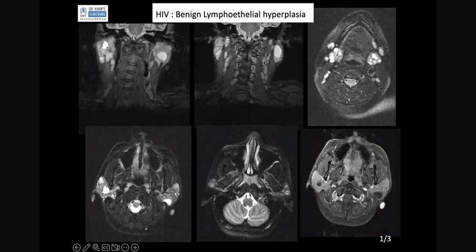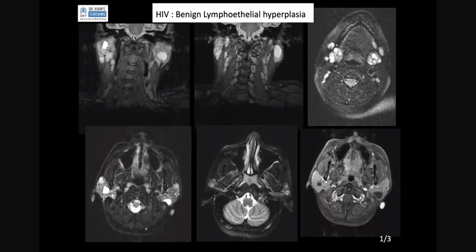With that, you will see a lot of neck nodes. You will see adenoid hyperplasia. And this is a classical picture of HIV, benign lymphoepithelial hyperplasia. And please remember that the word benign means there is no malignant potential for this.